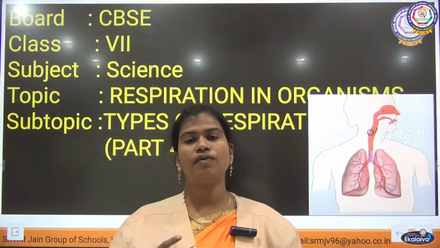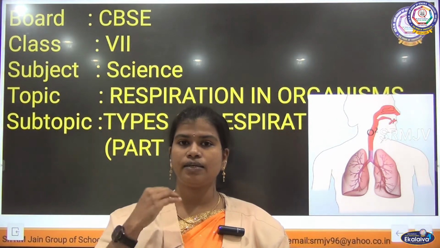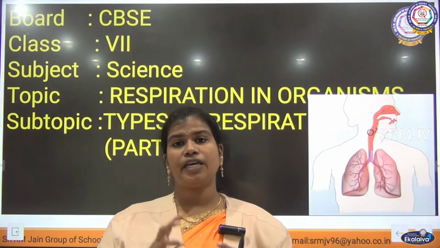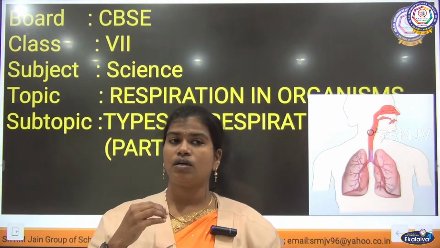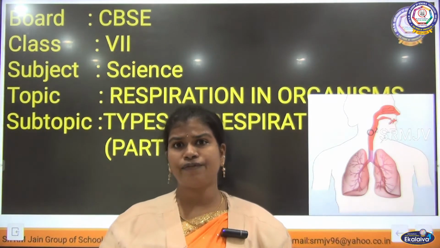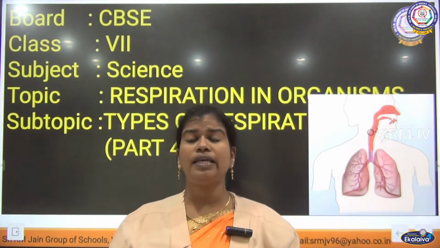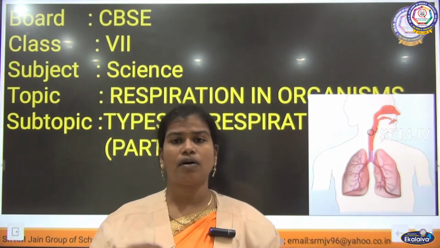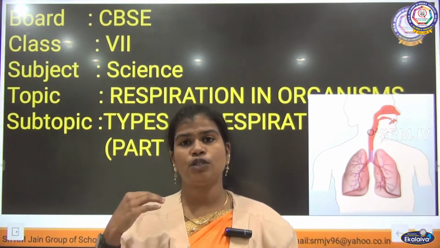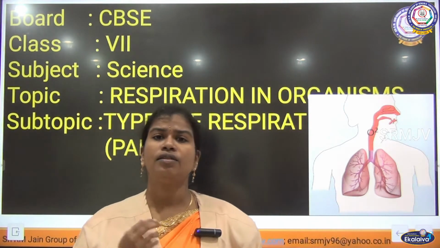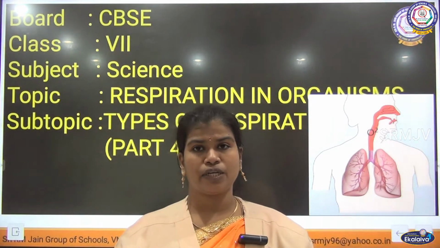Now, in respiration in animals, we have discussed the types of respiration, four different types, based on the respiratory organ used by the particular animal. If the animal uses the lungs for respiration, it is called pulmonary respiration.